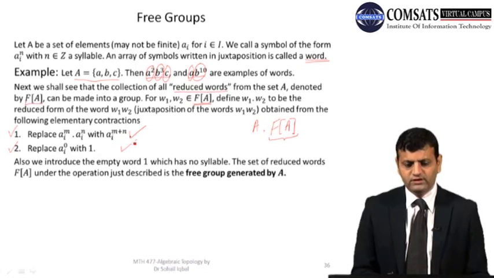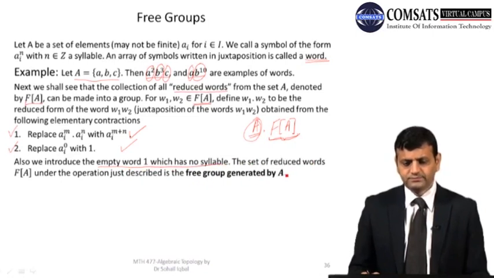So after following these two operations, the collection of all words in the symbols of A is the collection of reduced words, and it is denoted by F(A). And after introducing the empty word, which has no syllable, the set of reduced words under this operation just defined is the free group generated by A.